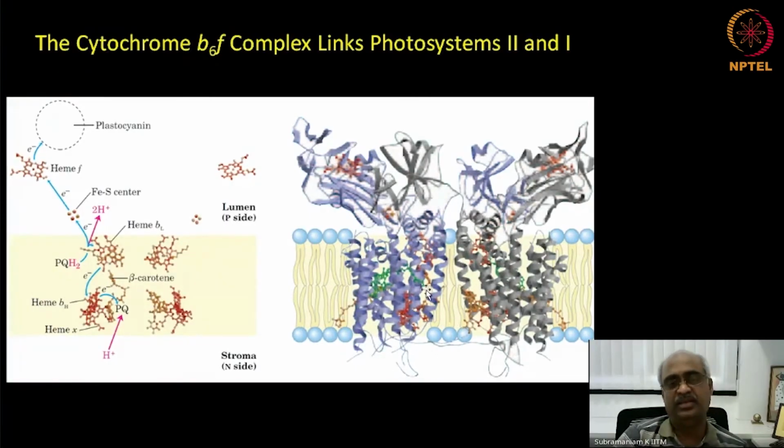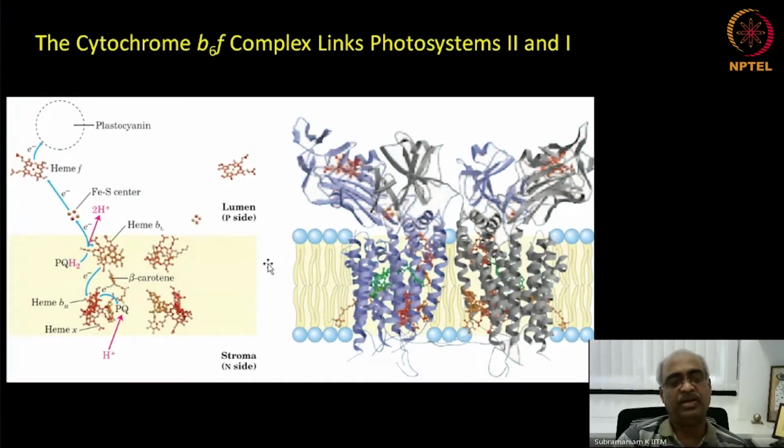And on the right side you have the structure having the protein. So it is a dimeric structure that you see here. So this portion on the top on the luminal side or the P side, the positive side, you are seeing the cytochrome F with the heme F that's shown here. So this structure here.